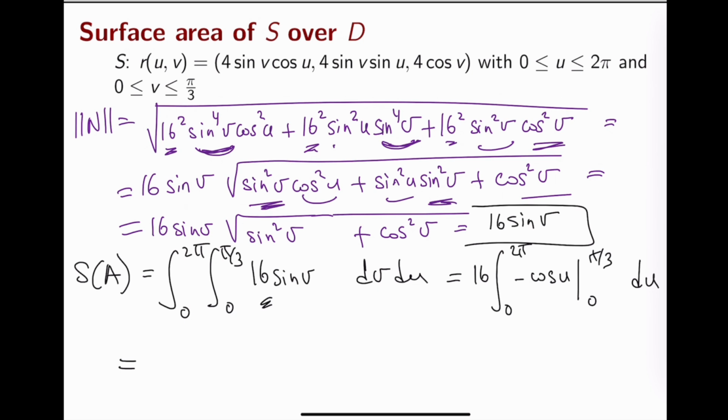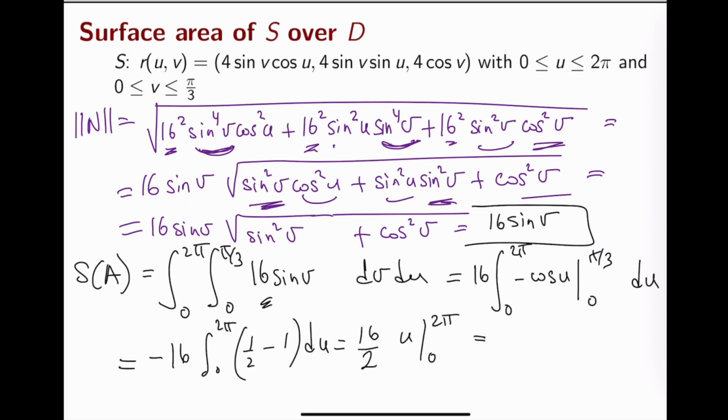So we can take the minus out, so this will be minus 16, the integral between 0 and 2 pi of cosine of pi thirds, which is just 1/2, minus cosine of 0, which is 1. And so this is du. So 1/2 minus 1 is minus 1/2. So we're going to have outside 16 over 2. And so the integral of 1 is just u evaluated between 0 and 2 pi. 8 times 2 pi. So the result is 16 pi.